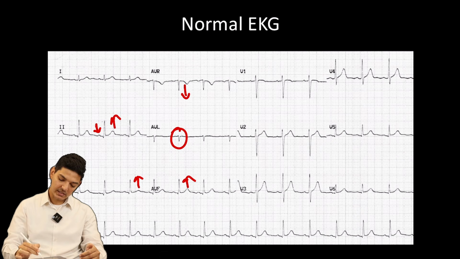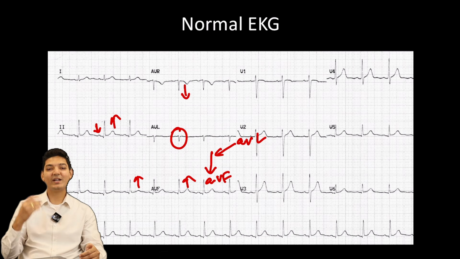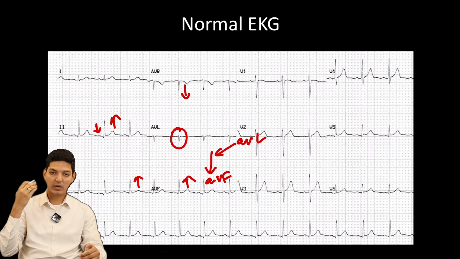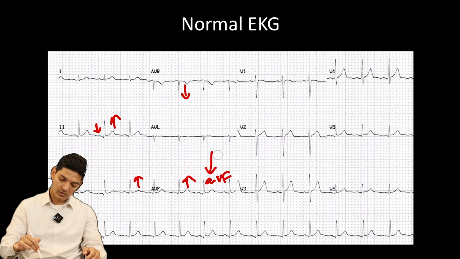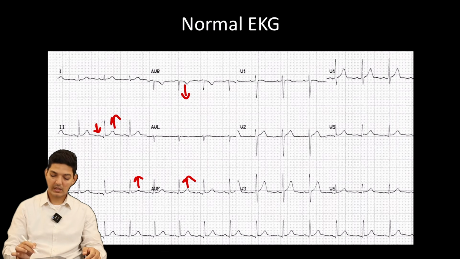If QRS is going towards AVF and lead AVL is looking from here, it perceives it as a depolarization going away from it, which causes a negative QRS, which is a normal finding. Next important thing to remember is in lead 3 and lead V1, you might see something called biphasic P wave.